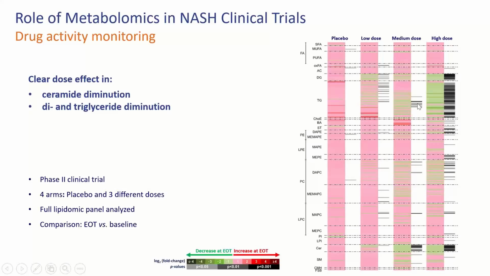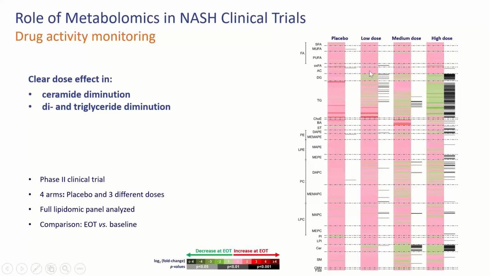It's a little bit clearer in the medium dose, because you have highly significant changes in these triglycerides, and what you expect your drug to do is to diminish triglycerides, not only the whole triglyceride species, but some of them very significantly. At the bottom, you see also ceramides, a nice signal of activity.